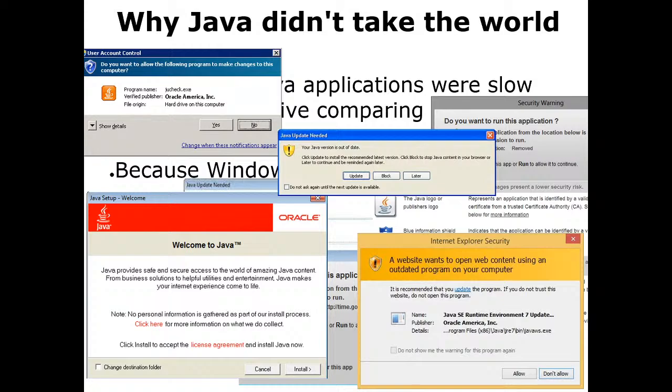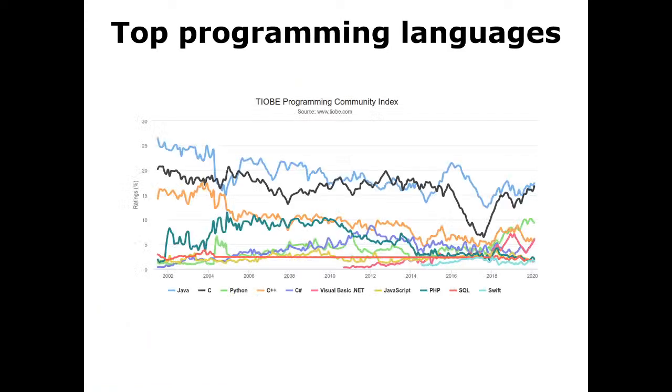Because of all these updates needed for Java, all these usual things for Microsoft, sometimes it's a bit complicated to deal with Java on Windows, unfortunately. And yes, you can see top programming languages. Java is one of the most popular programming languages in the world.